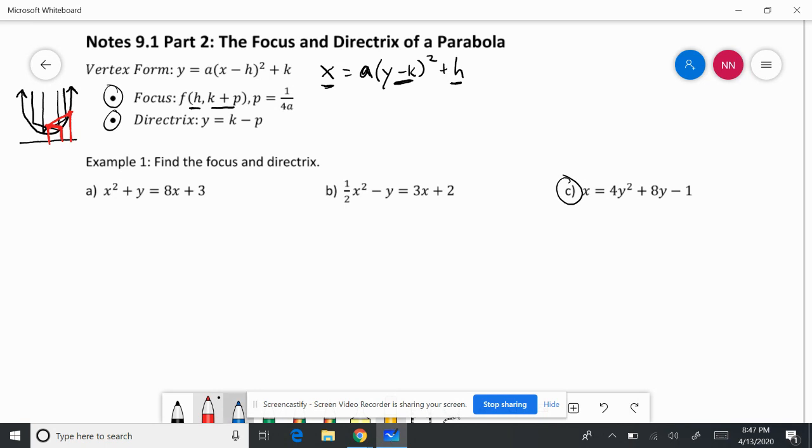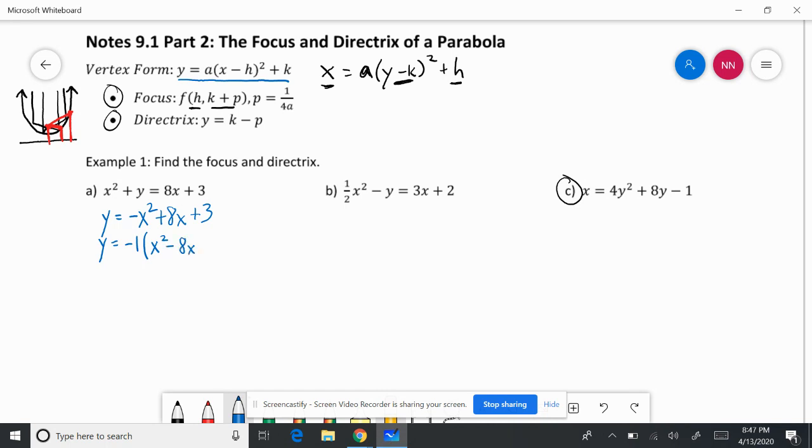Now, when we're trying to find it, we're going to put it in vertex form, similar to what we did last time. So we're going to get the y by itself. I have y equals negative x squared plus 8x plus 3. I'm going to factor out a 1, I should say a negative 1, and that becomes x squared minus 8x.